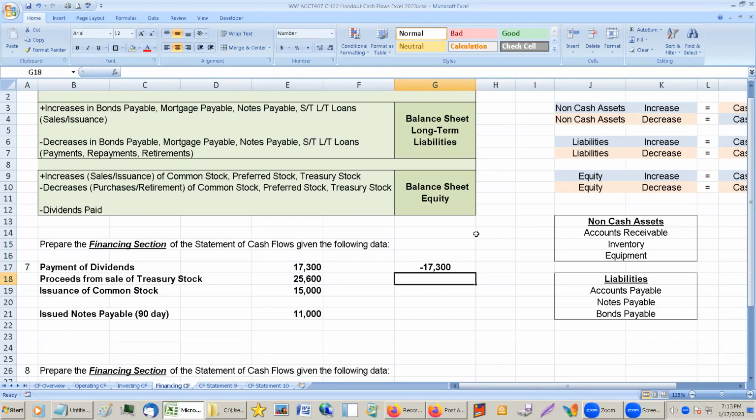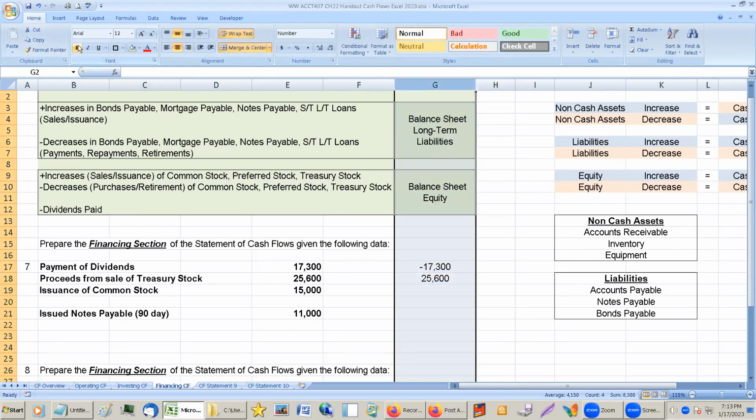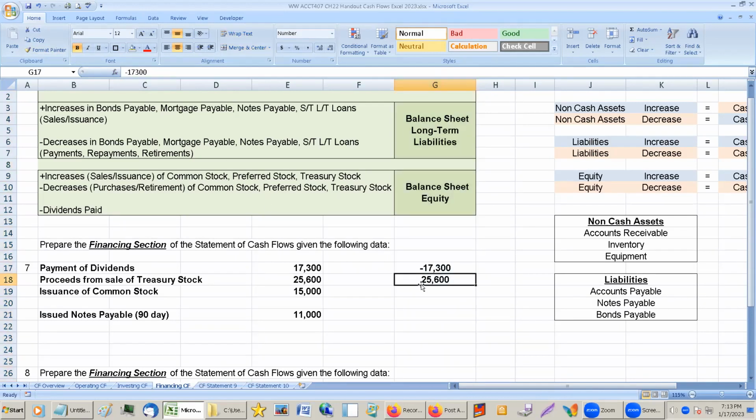Yep. Issuance of common stock. Now, issuance is the same thing as saying sale of common stock. So it's the increase. Yep.